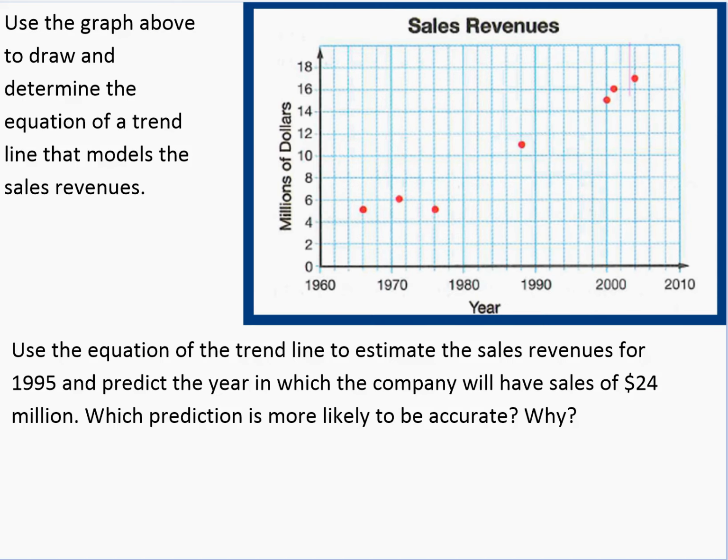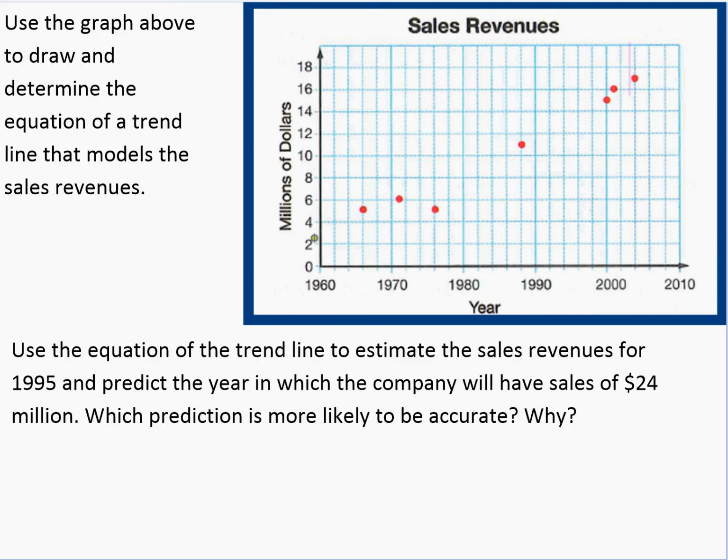So here we're going to use the graph to determine the equation of a trend line that models the sales revenue. First of all, we want to put a trend line in here, a line that best represents this.